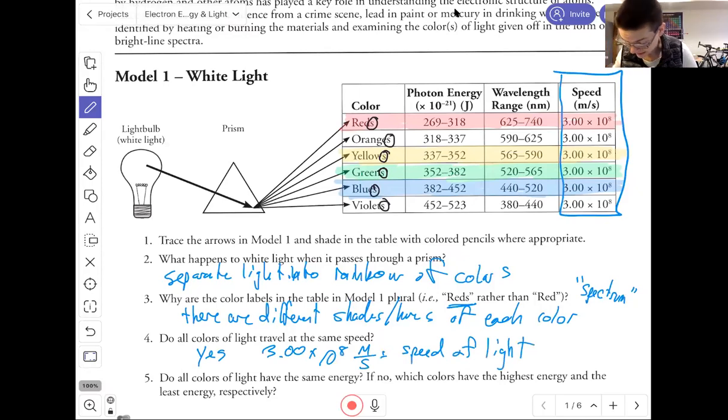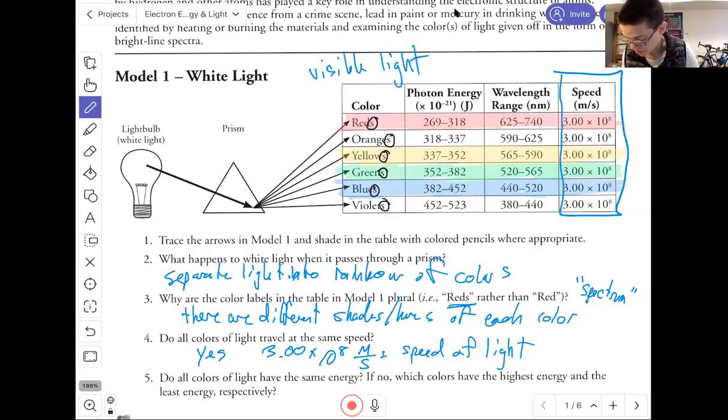Now, I will say that this is not the only amount of light, right? This is just what we refer to as visible light. There are, of course, light ranges beyond both of these colors that we can't see.